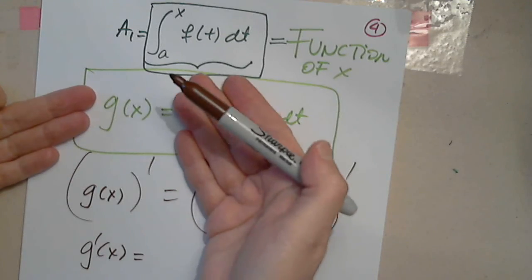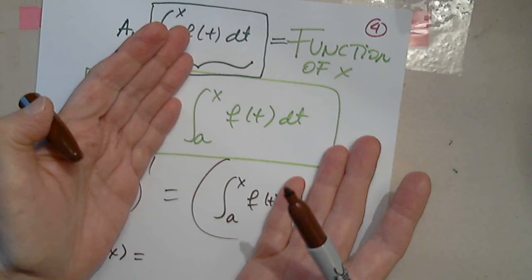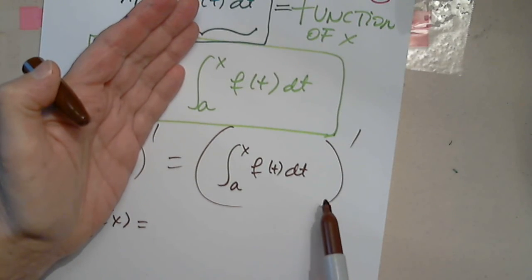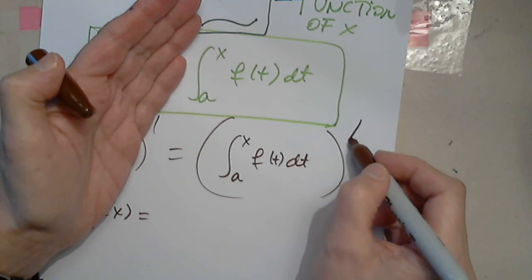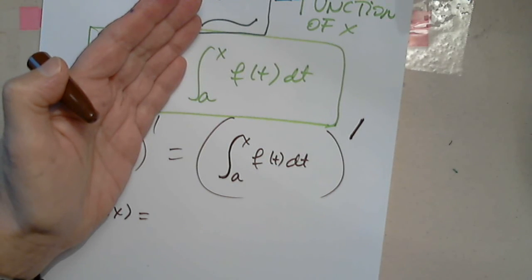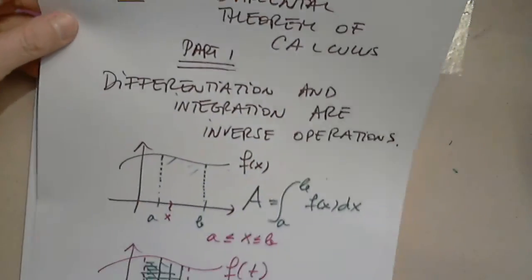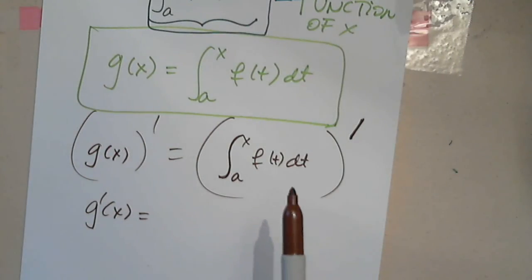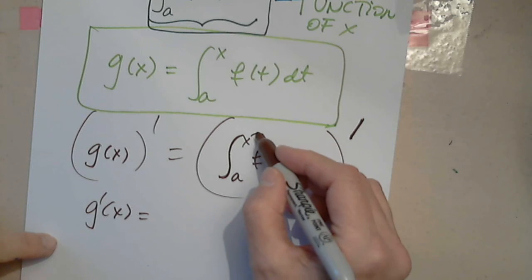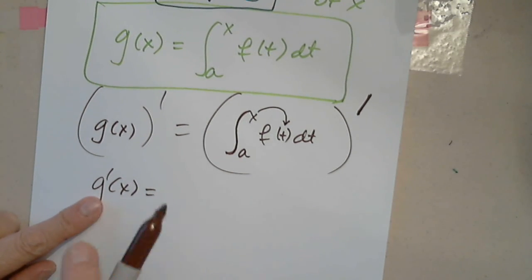I have a function. Whatever the function is, when I differentiate g, I get g prime. But let's see what we get here. And what really happens here. I am differentiating an integral. Just f of t dt. When the integral disappears, dt must go away. Okay. And we have to replace t by x because it's a function of x.